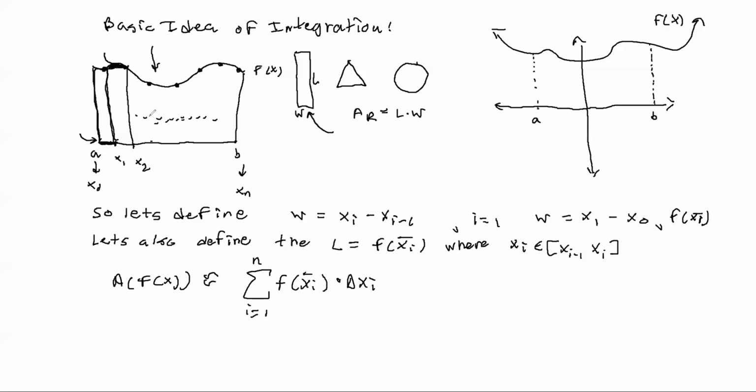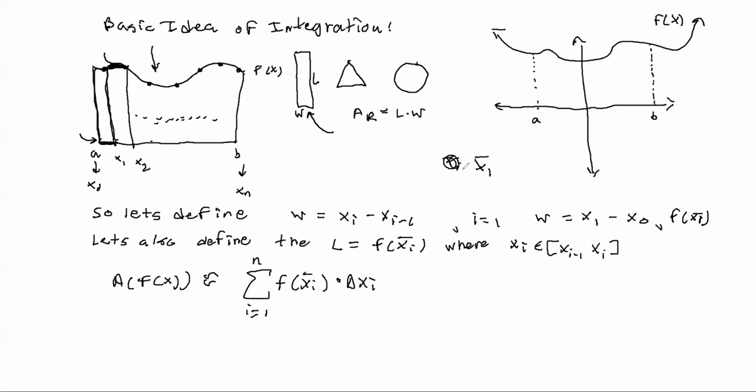So the question is, is there some way I can obtain an exact area under the curve of a function? Well, yes. What we have to do is decrease the width of the intervals to the point where choosing evaluation points is going to be such a tiny interval that it wouldn't even matter.